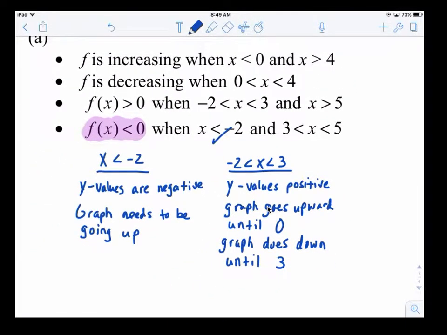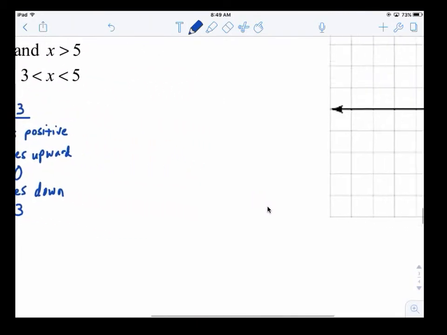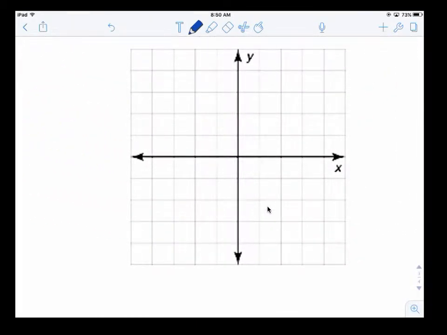All right, so we did the first two. So let's do these first two pieces. So the y values are negative, and the graph needs to be going up when x is less than negative 2. Right.